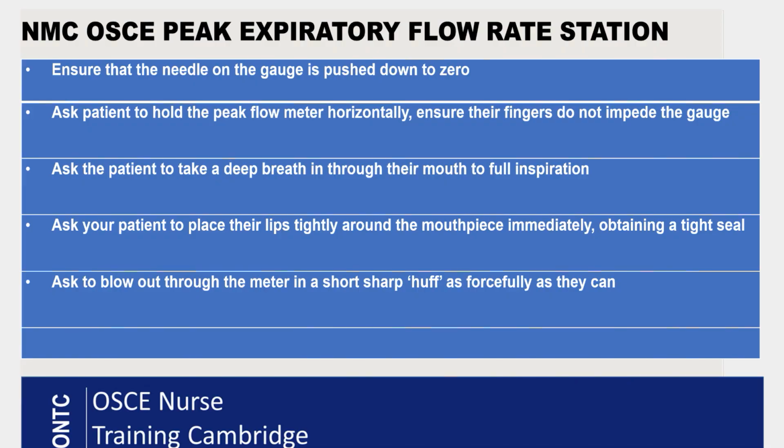Before you start explaining to the patient and doing a peak flow reading, make sure the needle on the gauge is pushed down to 0. Once you have done that, you're going to explain to your patient how to do it. Then we're going to go ahead and do the 3 readings.